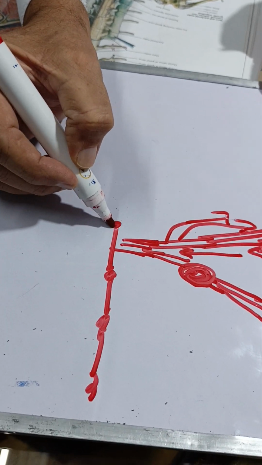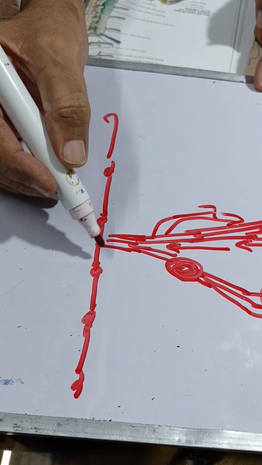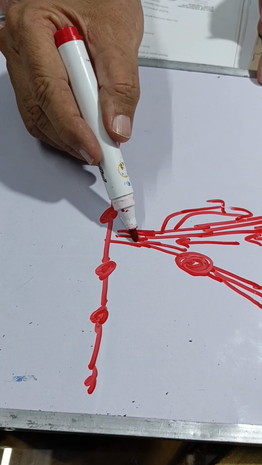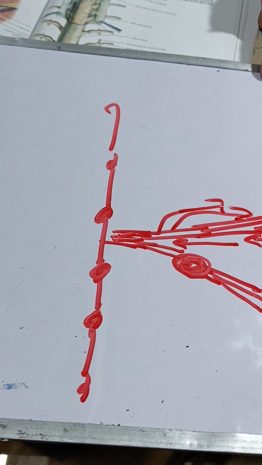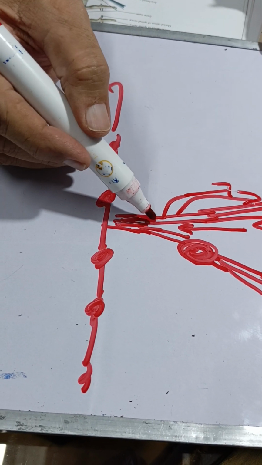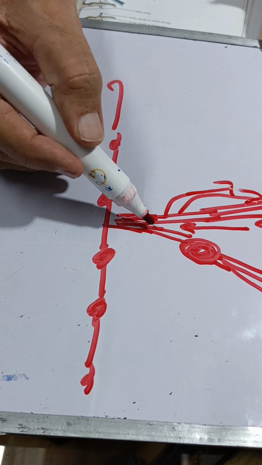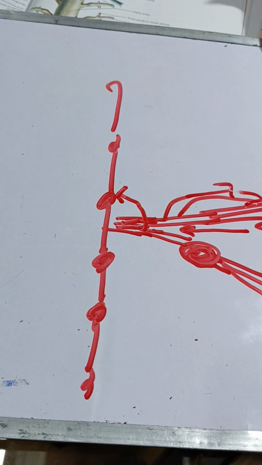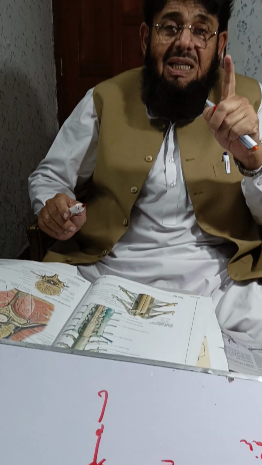Along the vertebral column is a sympathetic chain, which consists of ganglia connected together by nerve fibers. So as soon as this nerve reaches over here, what happens? The sympathetic fibers separate from the nerve and reach the ganglion, and this branch of the spinal nerve is now called the white ramus communicans, because these are the myelinated sympathetic fibers that separate from the nerve and reach the ganglion.